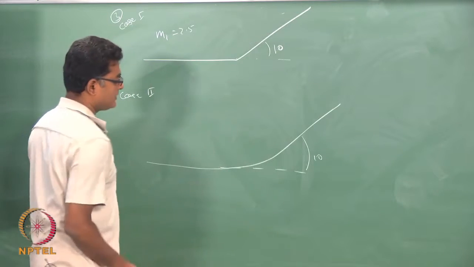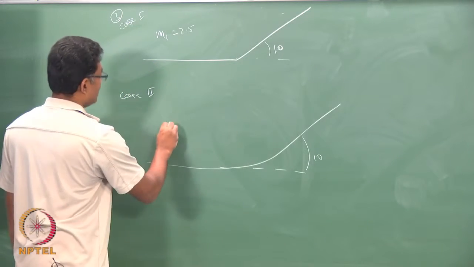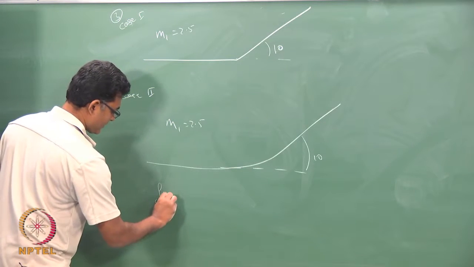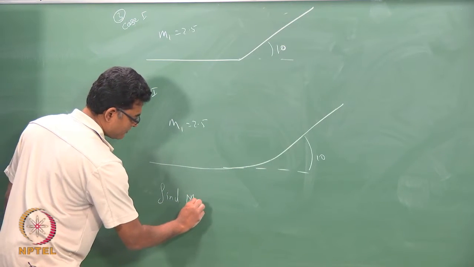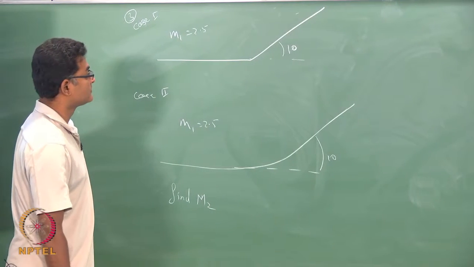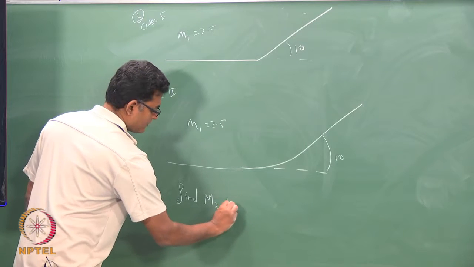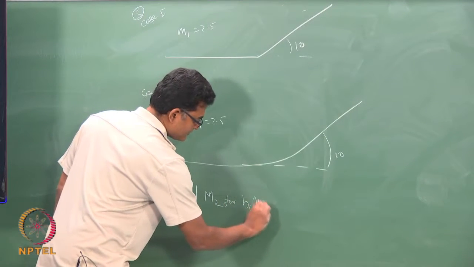One is a sharp turn, the other one is a smooth turn. M1 is 2.5. Find the Mach number after the turn for both the cases.